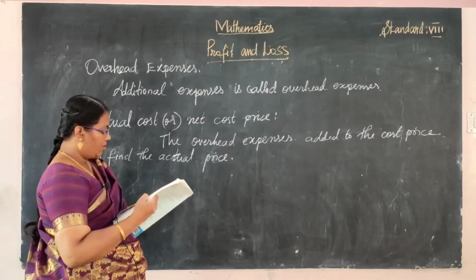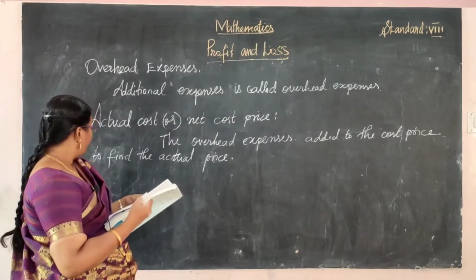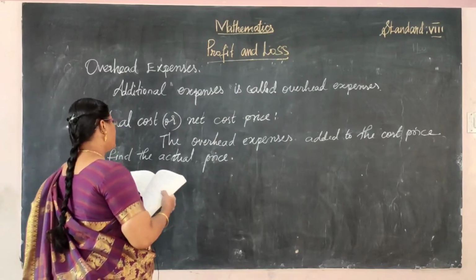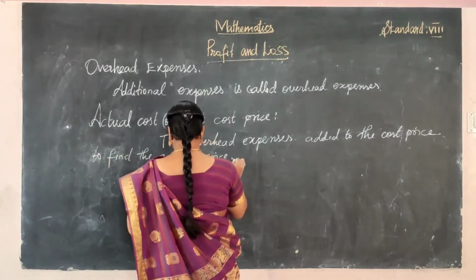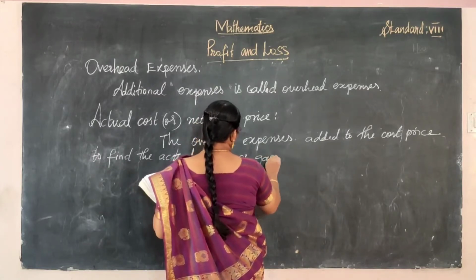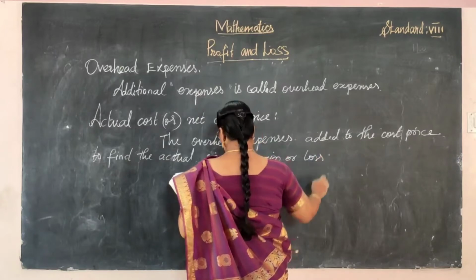Add it to the cost price to find the actual price, for gain or loss.